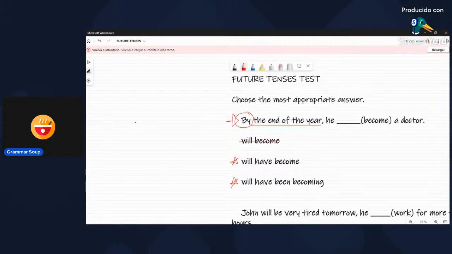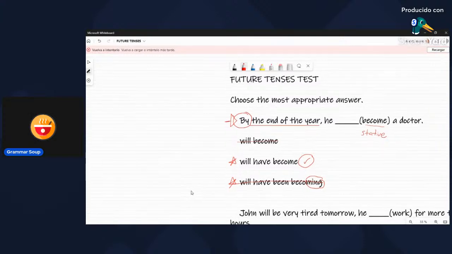But there is a little detail here. This is a progressive action, becoming, and the verb become is a stative verb. It cannot be progressive, never. So we're going to discard the last option and choose this one. Will have become. By the end of the year, he will have become a doctor.